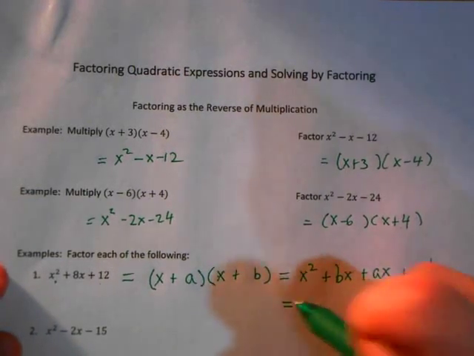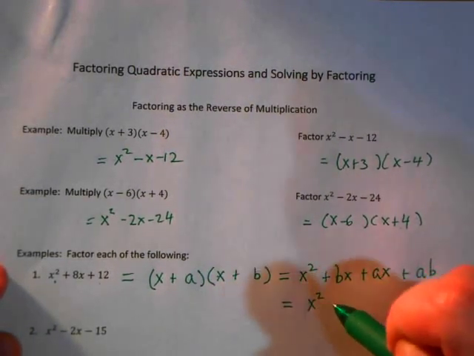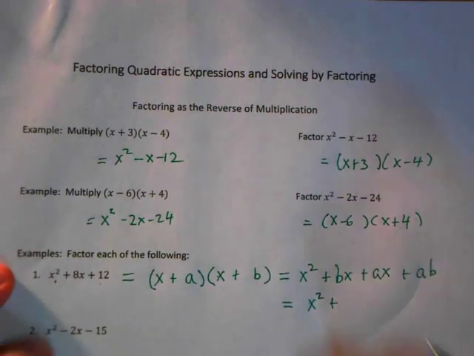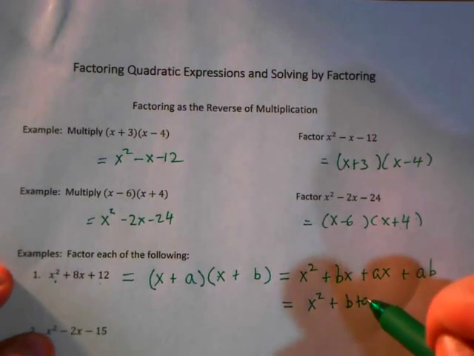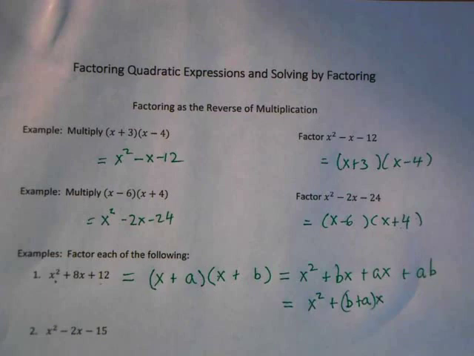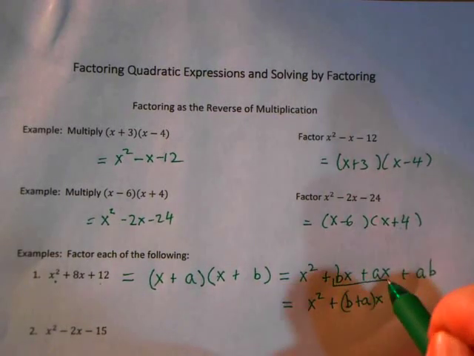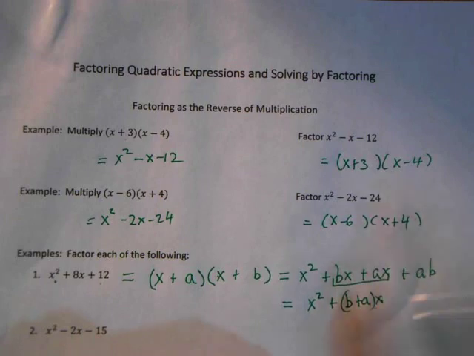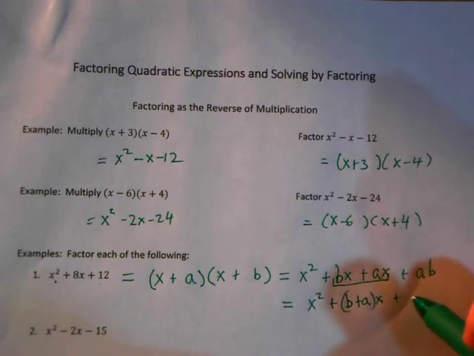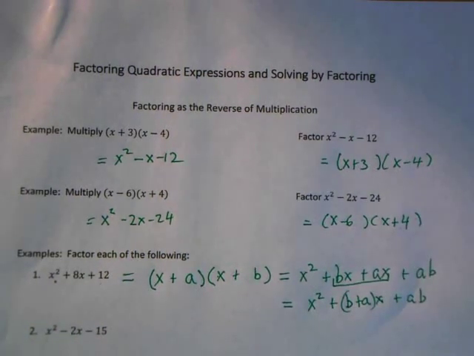And I'm going to rewrite this one way, x squared plus b plus a times x. So I did kind of a goofy thing there. I took these two and noticed they had a greatest common factor of x, so I pulled it out and then left that one alone. What I'm trying to point out to you here, this looks complicated, and factoring is actually going to be much easier than this once we get going.